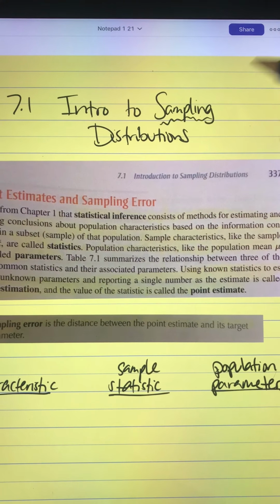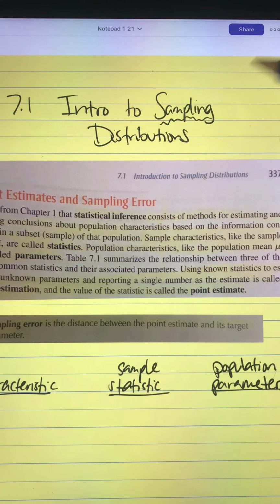So review what a point estimate is, and then we're going to see what each one of these things look like. Characteristics that we have discussed so far include the mean, the standard deviation, and a proportion. So these are three characteristics we've talked about. If we're talking about a characteristic of a sample, it's called a sample statistic.